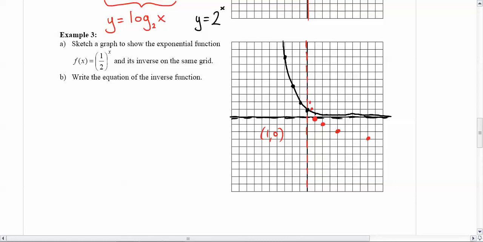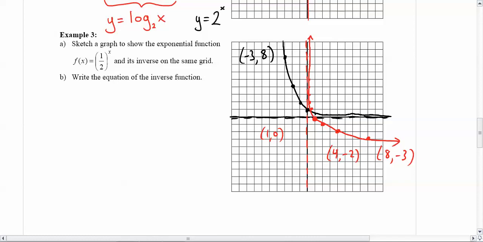And as we get taller, we're going to get closer and closer and closer to the asymptote. And you could also figure this out with the flipping over paper trick. So you can find out those points just by changing the x and the y coordinates.